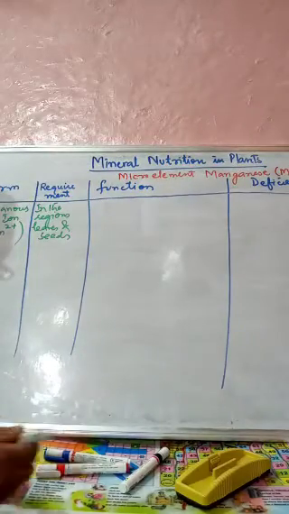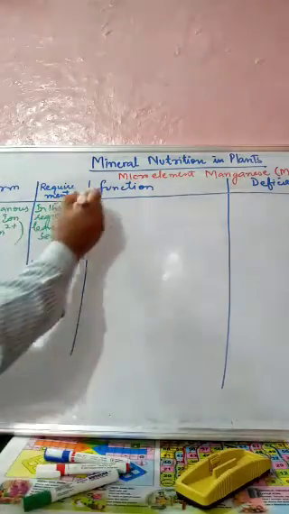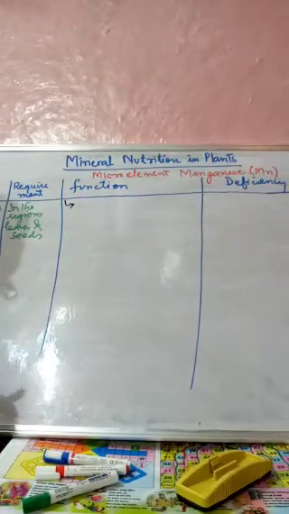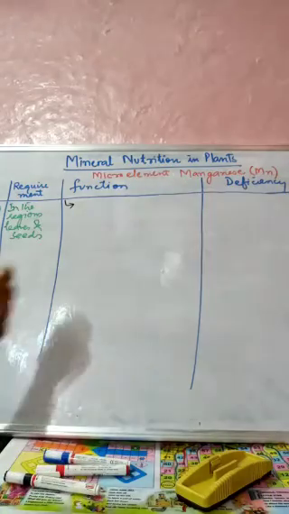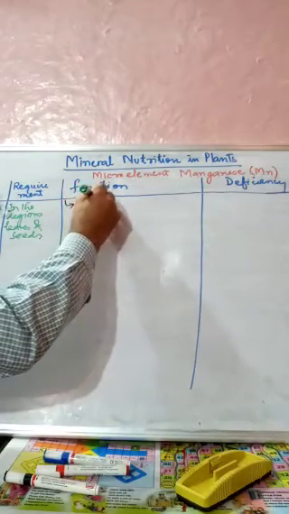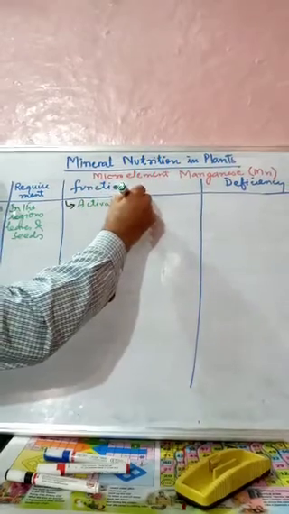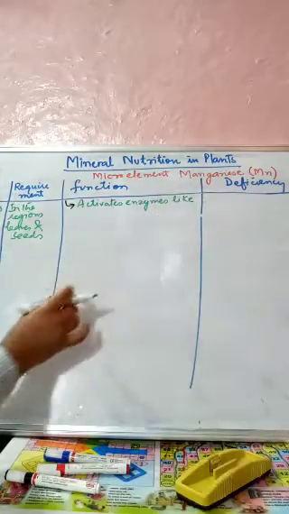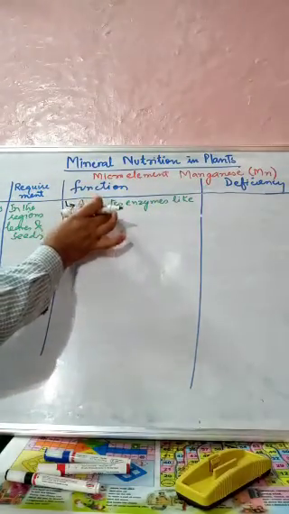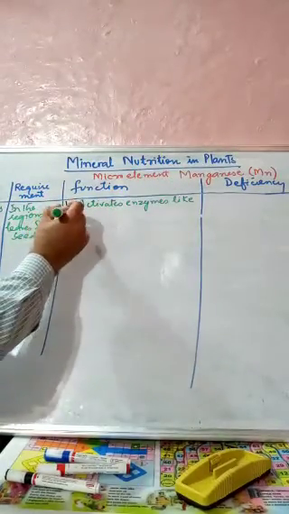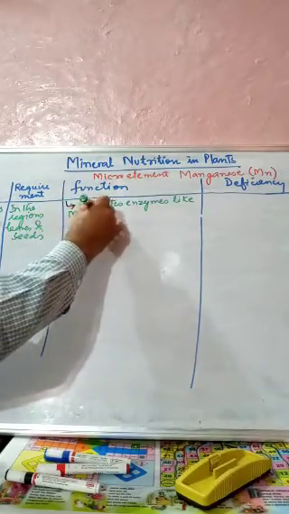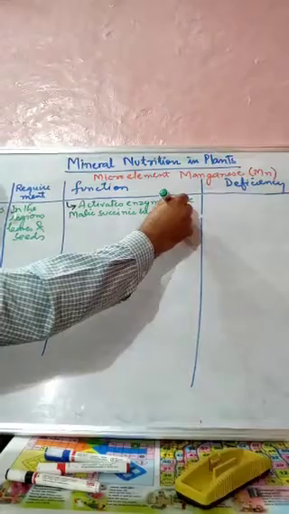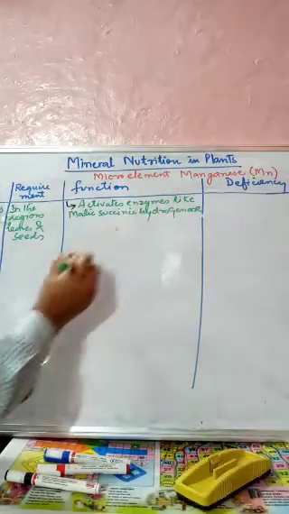Now functions. If we talk about functions, this manganese ion performs some important functions for the plant. First, it activates enzymes. I will give you the names of two or three enzymes. It activates the enzymes. First, succinic dehydrogenase.